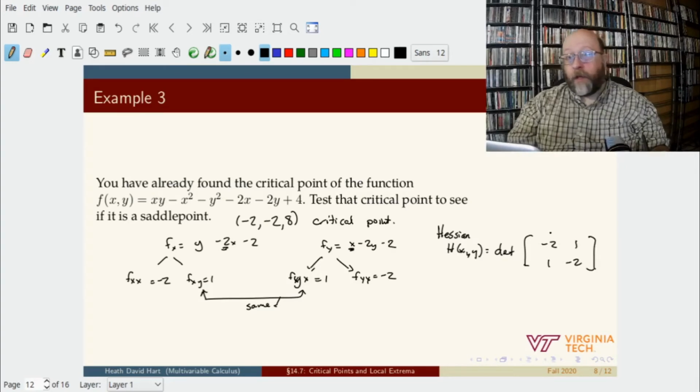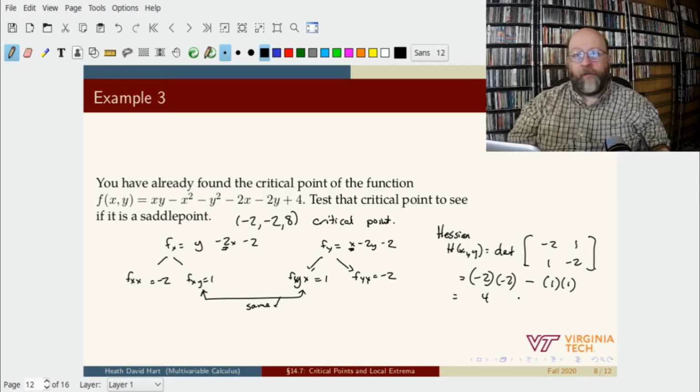The concavity coefficients, -2 and -2, are on the main diagonal, and the torsion coefficients, which are 1 and 1, are on the other diagonal. And that determinant is, we combine the concavities and we combine the torsions. And so we get 4 minus 1, which is 3.